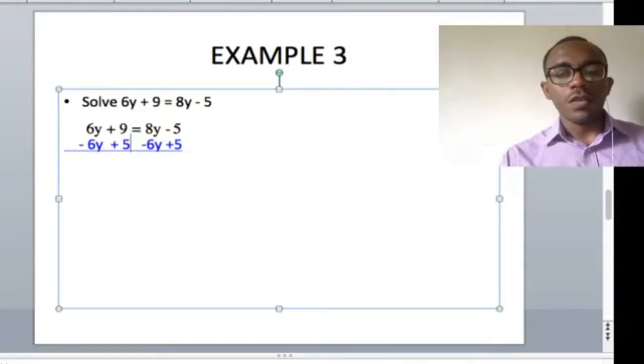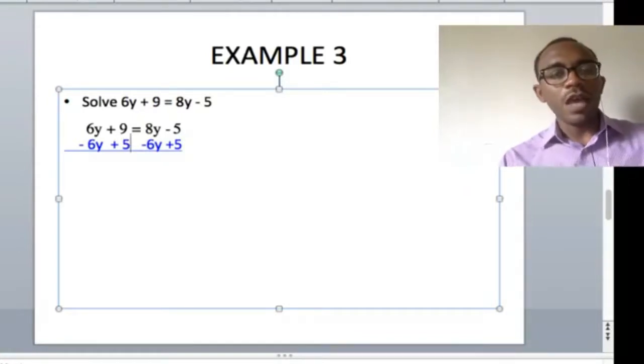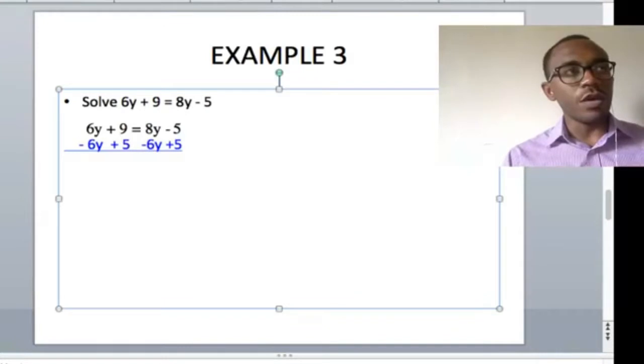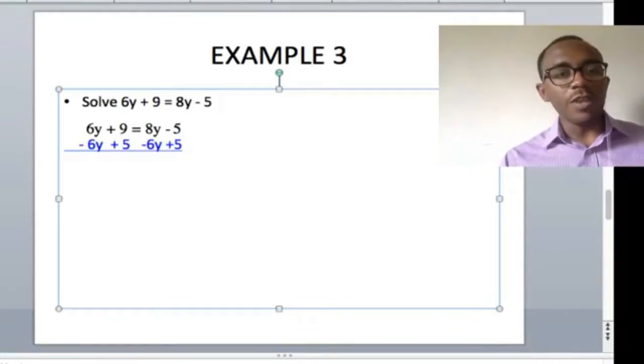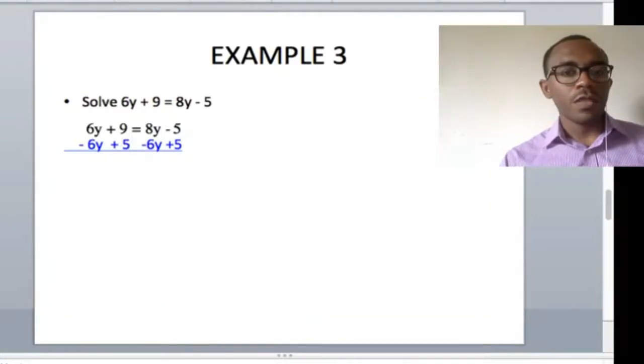Okay? So second thing also, I want to cancel the 5. This 5, because again, I move all numbers to the left. So I remove the negative 5 by adding 5 on both sides. So 6y minus 6y is cancelled. 5 is cancelled. So far so good. So that's what I have. Now what does it give me right now?